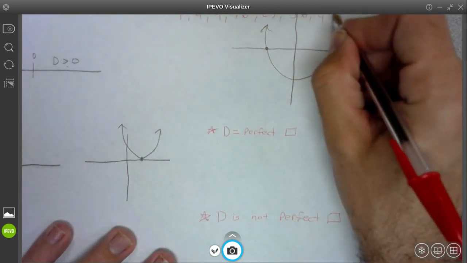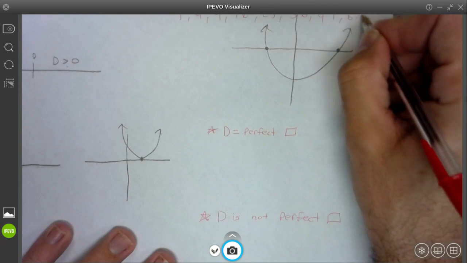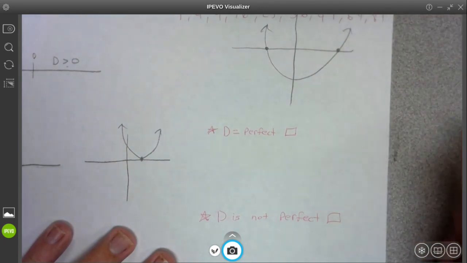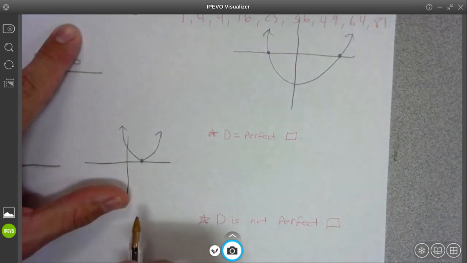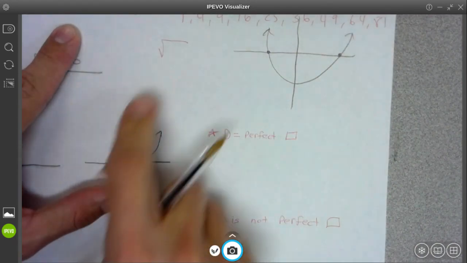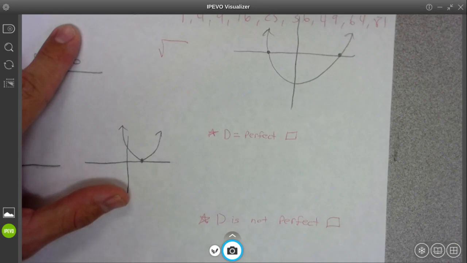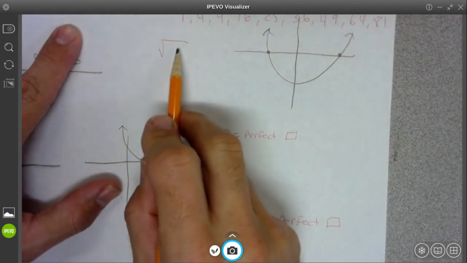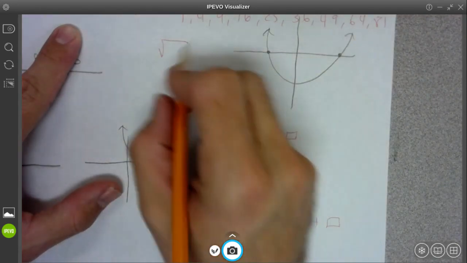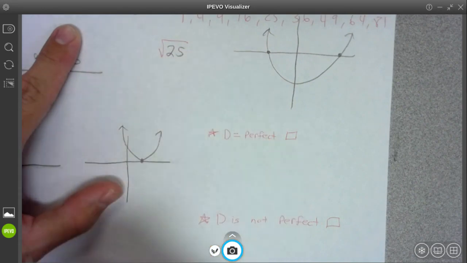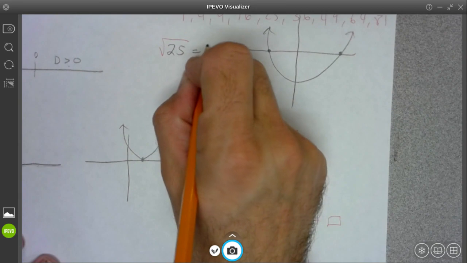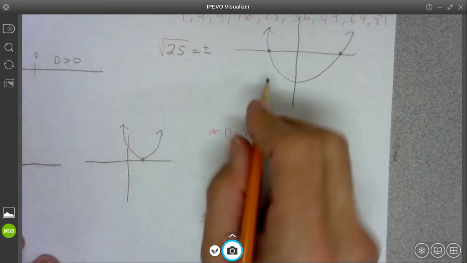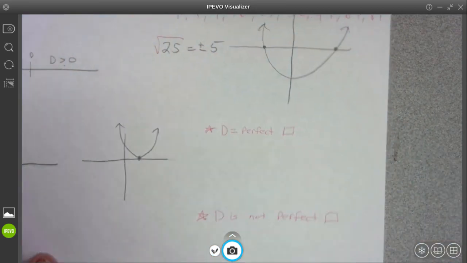So the reason that these are special when it comes to the quadratic formula is, you know how you have to take the square root of this discriminant part? There's always that square root of b squared minus 4ac. Well, if this is a perfect square, let's say it's 25. I think we had that example earlier. If it's a perfect square, this comes out to be, there's the plus or minus, and then there's a whole number.